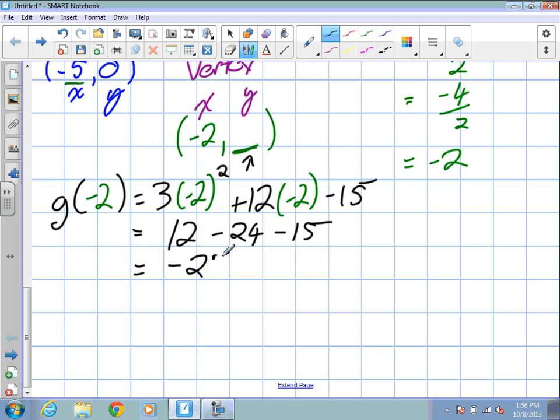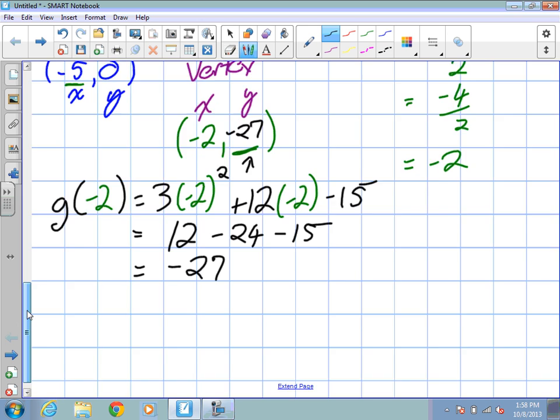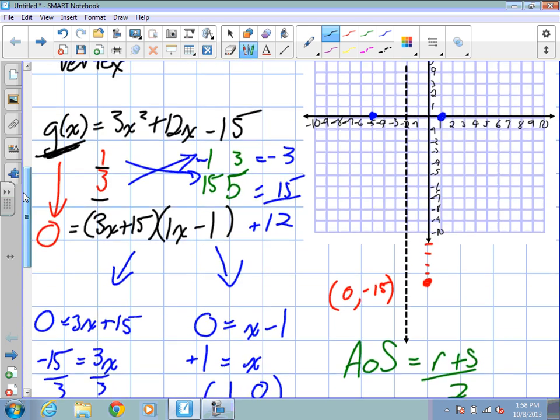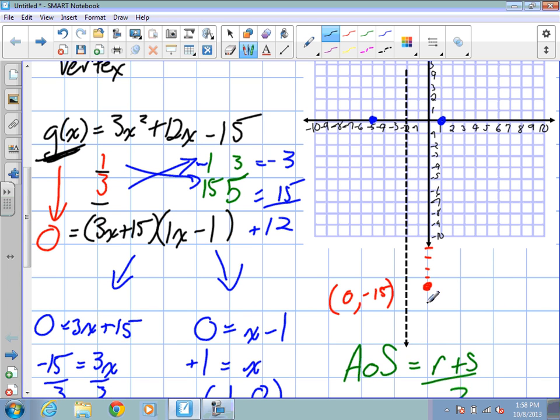Negative 27, negative 27. I think that's right. Great, so it is negative 27. So our vertex, and I've chosen a really bad graph to represent this because my graph doesn't go that low. But our vertex is at negative 2 and negative 27. Let's just say we skip a few and this is negative 27. Here is our vertex. It's at negative 2 and negative 27.